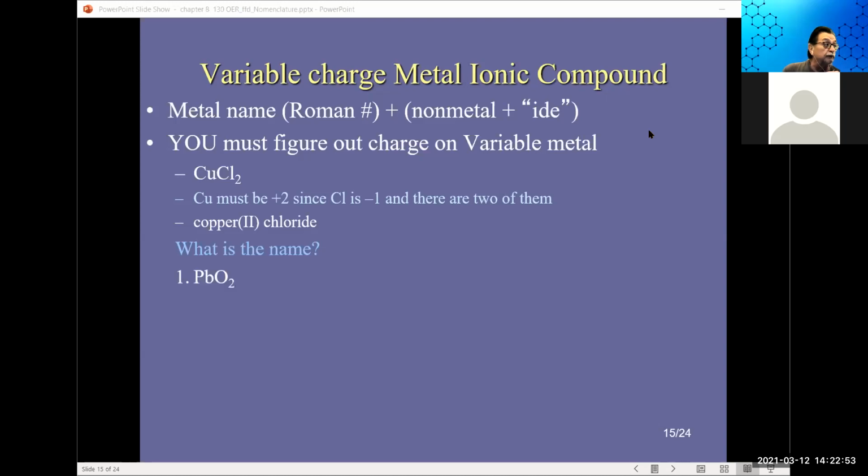Okay, here we go again. We have lead and oxide. We don't know the oxidation number of lead, but we do know that each oxygen is a -2. That means that we have a total of -4 for the oxygens.